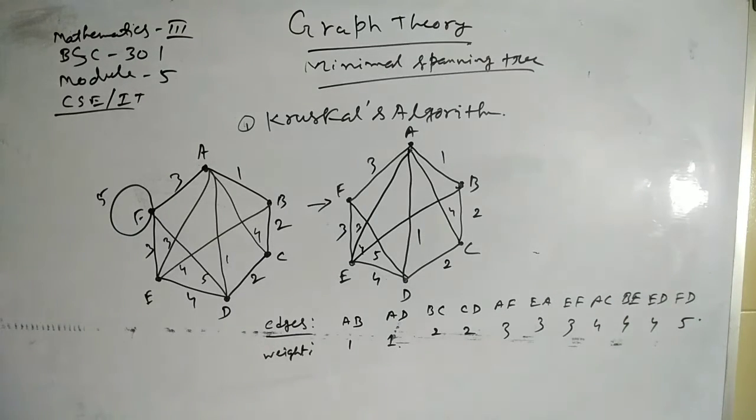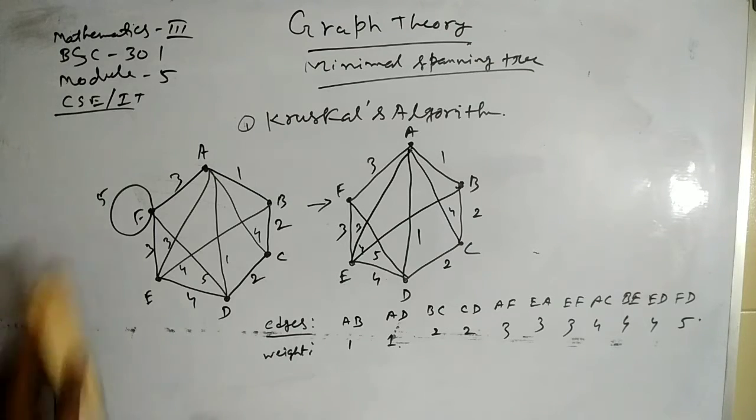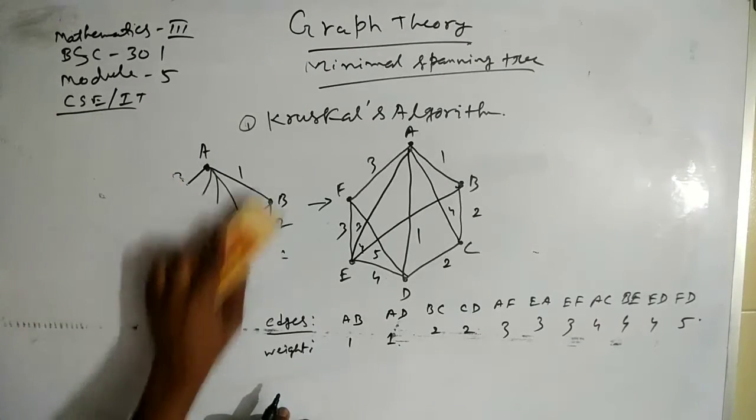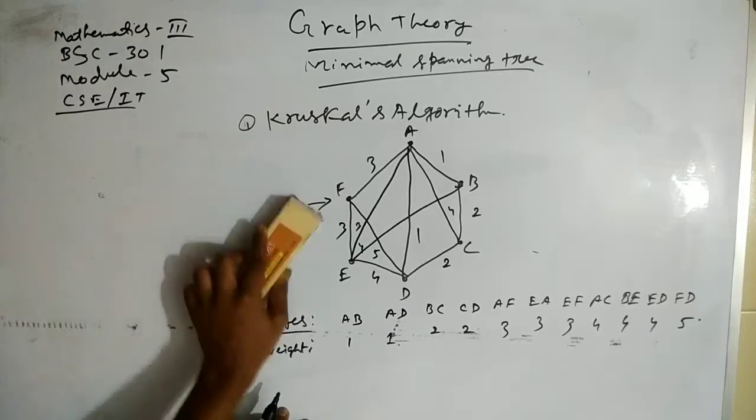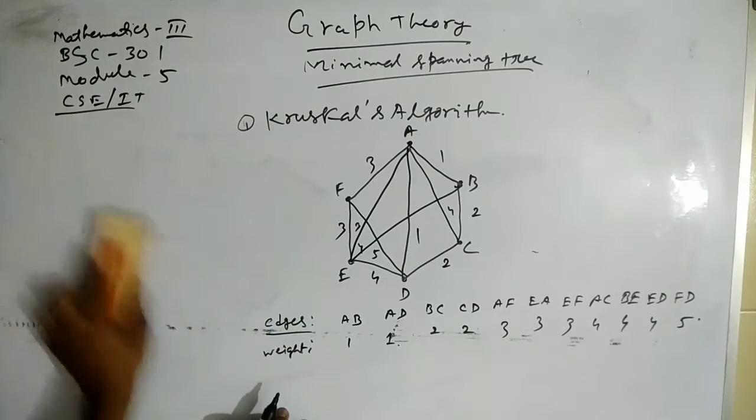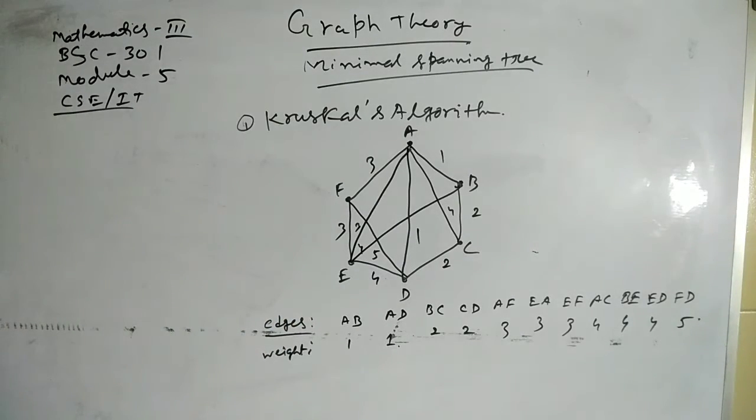Okay. So here we have taken all the edges and arranged them according to their weight in ascending order. After arranging, I'm removing this graph so that we can get space to draw.